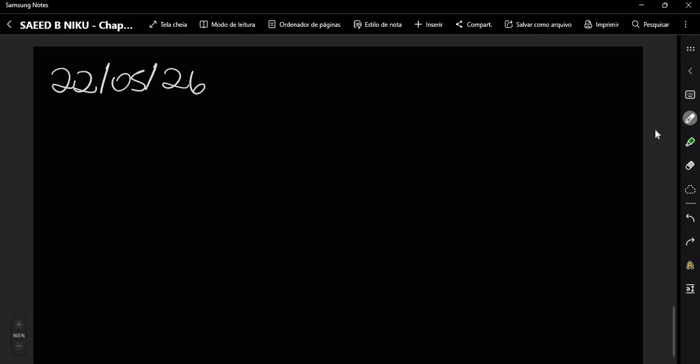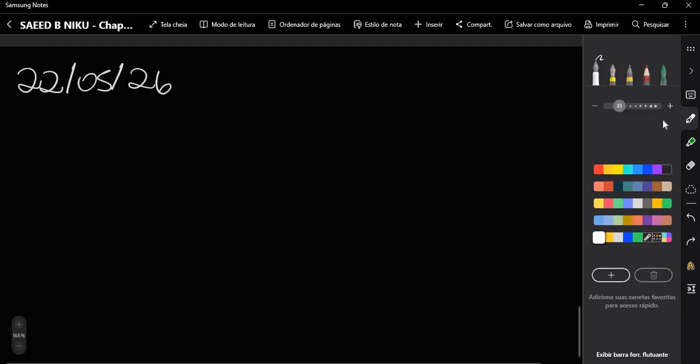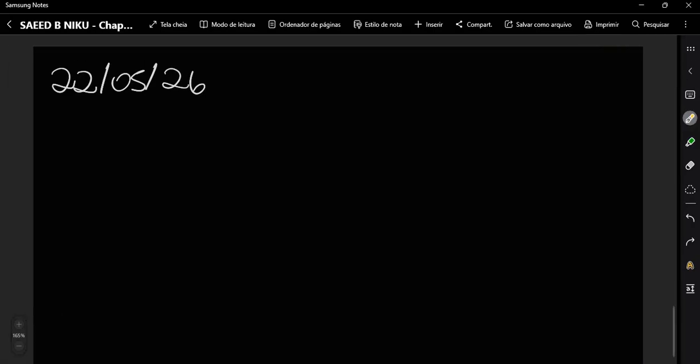So let me write the statement of this example. Again, it's the same example with different coordinates and a different title as well. So this is example 2.18.